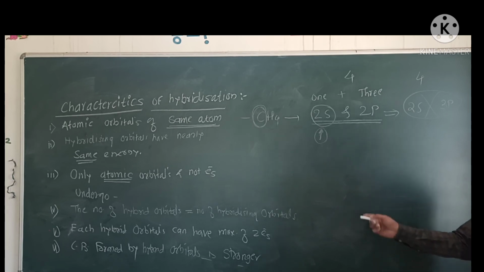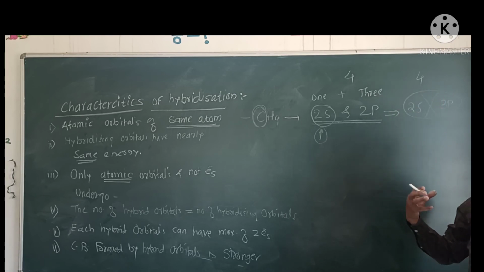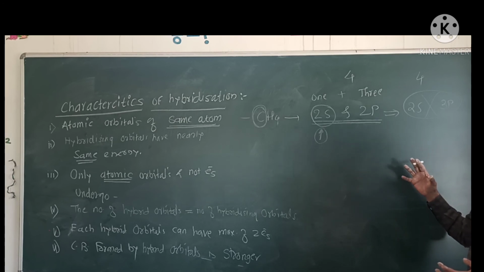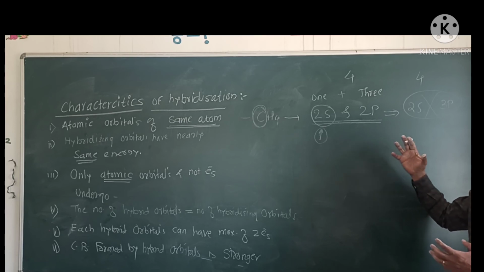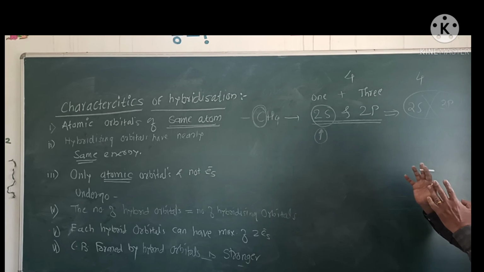The number of hybrid orbitals is always equal to the number of hybridizing orbitals. It will never happen that the number of hybrid orbitals is 4 and hybridizing orbitals is 5 or 3. They must have the same number.